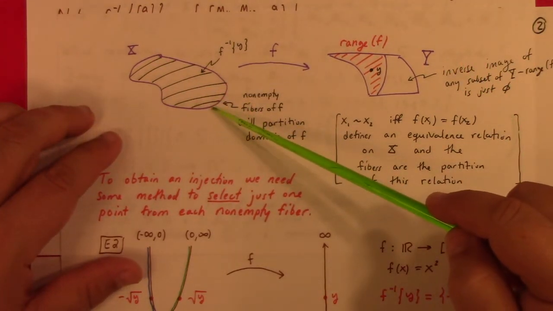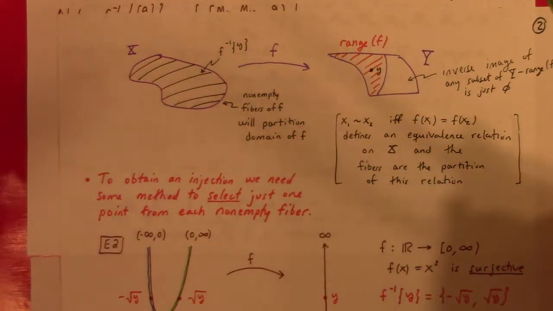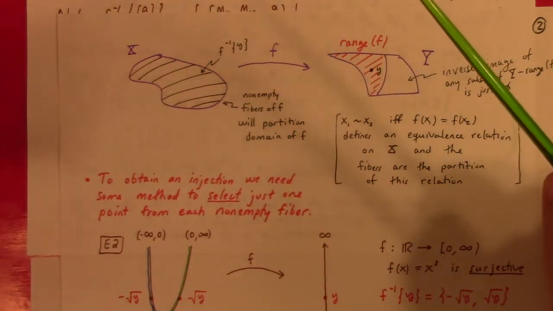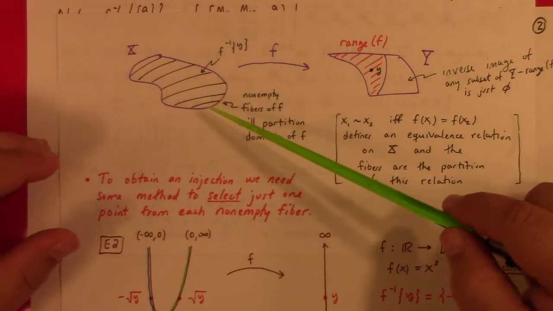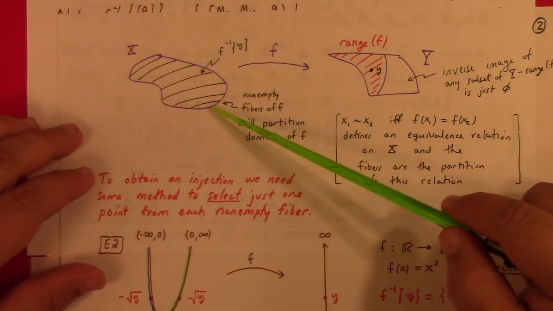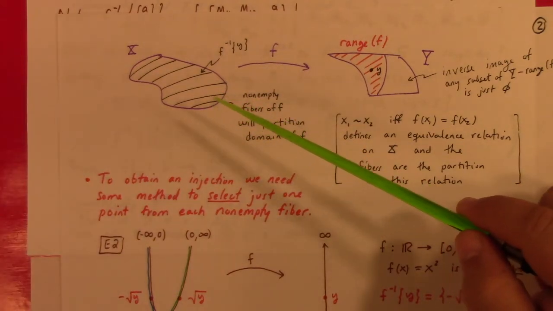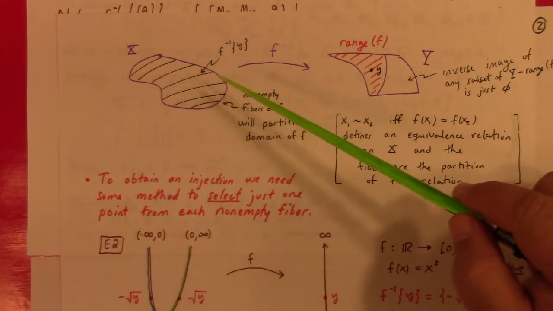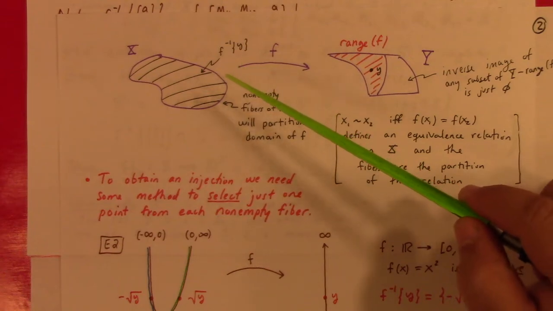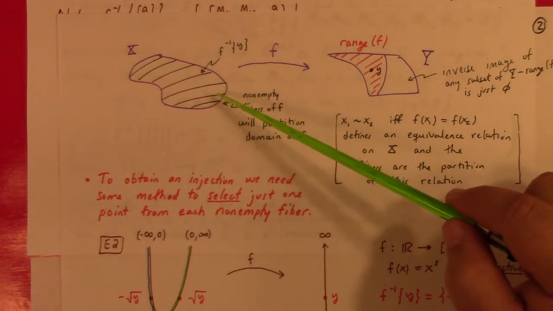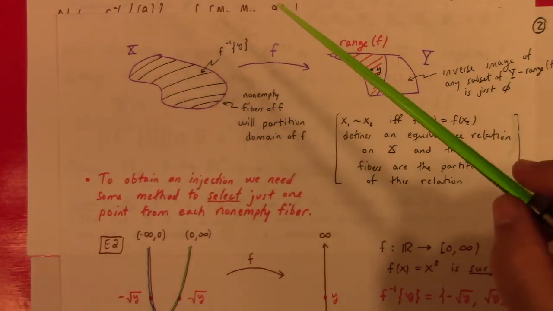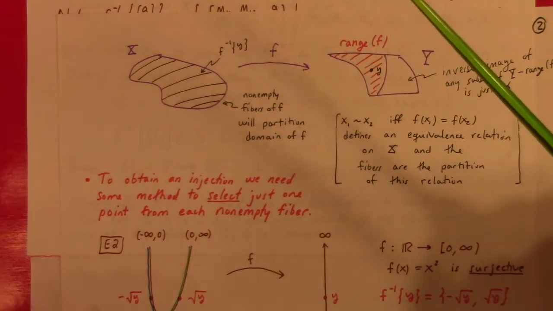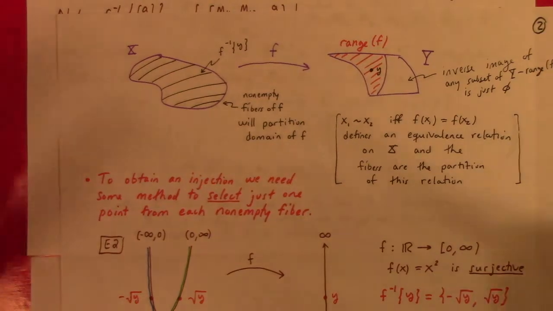The fibers could be different dimensional. The fibers might not even have a well-defined dimension. What we do know is the fibers partition the domain. Your fibers could be 0-dimensional points in part of it, lines in other parts, or circles. They just can't overlap, because a partition consists of disjoint subsets.